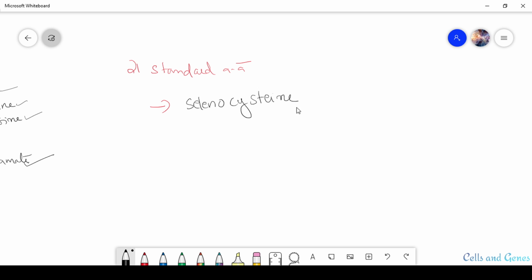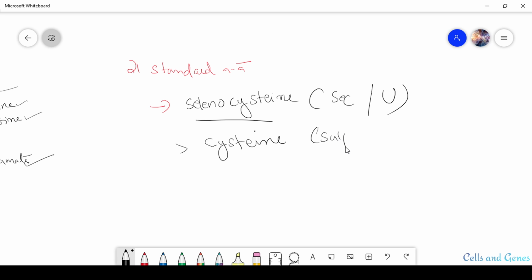We write it as SEC, or the one letter abbreviation is U. It has a similar structure to cysteine. Cysteine contains sulfur, but selenocysteine contains selenium.